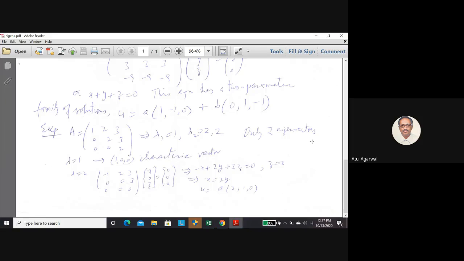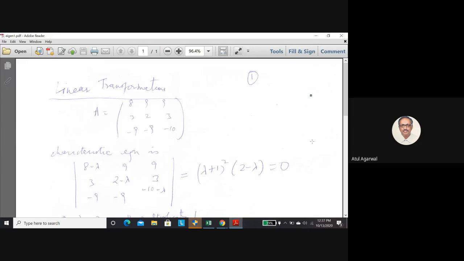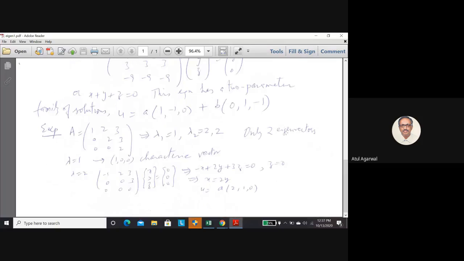So in this case, your eigenvectors cannot become the basis vectors for a 3D space. This matrix was defined for a 3D space, the XYZ coordinate system.